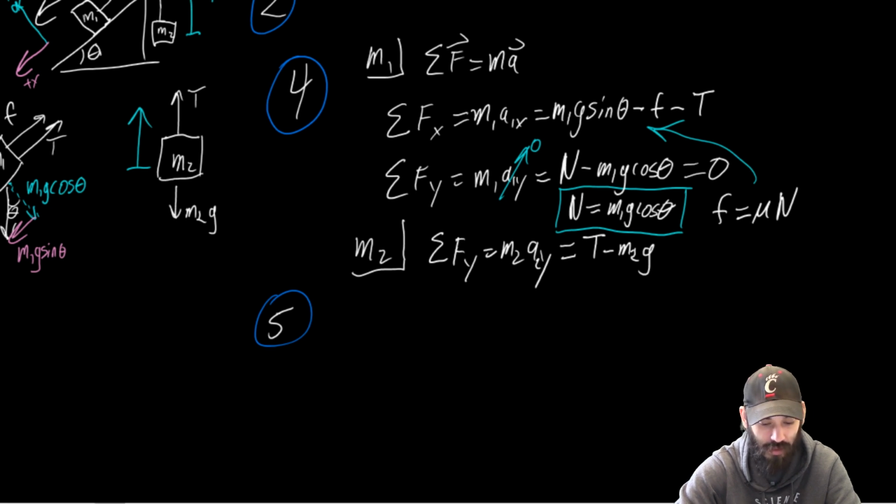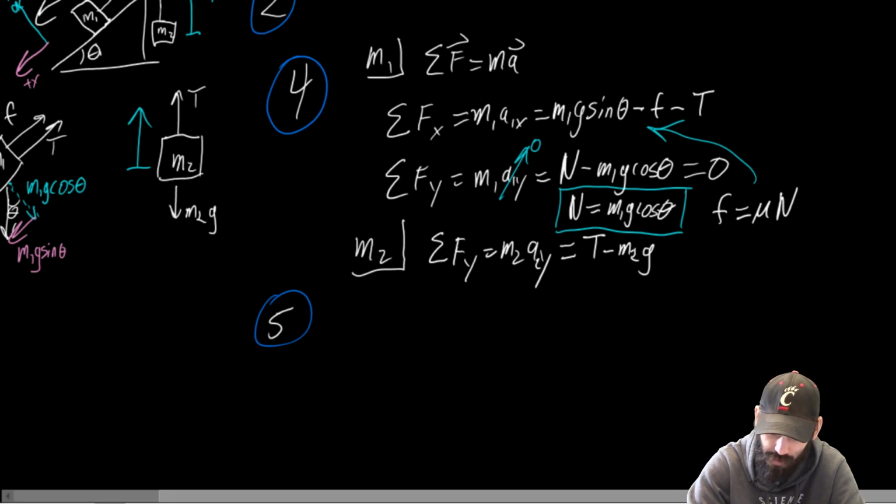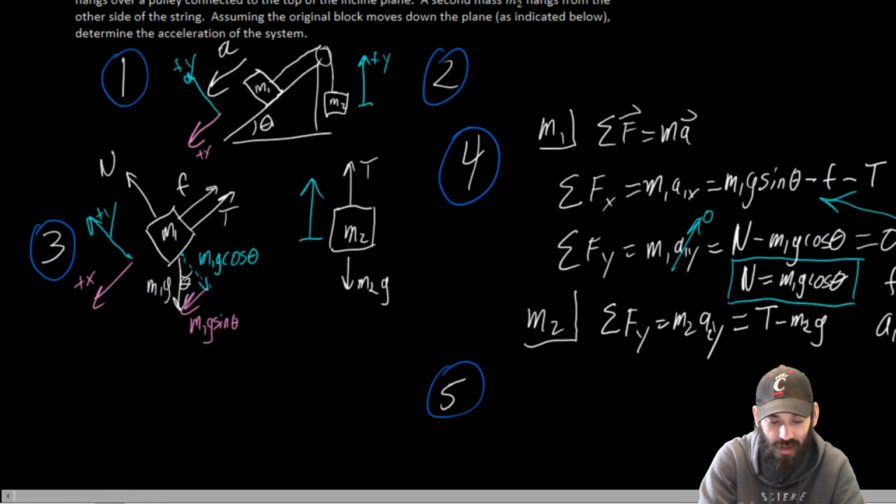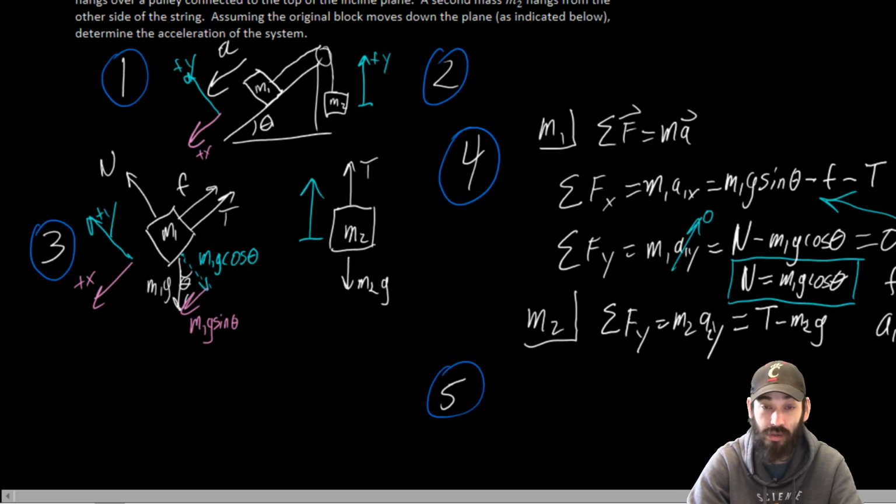The final thing that we can say before we do that is that the acceleration a sub 1x is going to be equal to a sub 2y, right? And this comes from the fact that this string has a fixed length. So these maintain the same distance along the string.